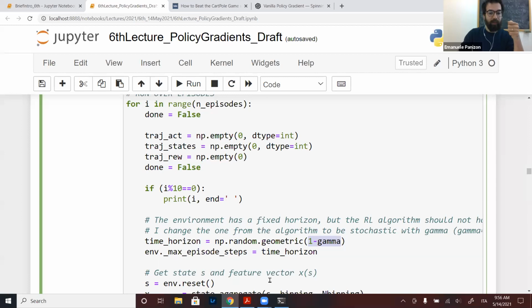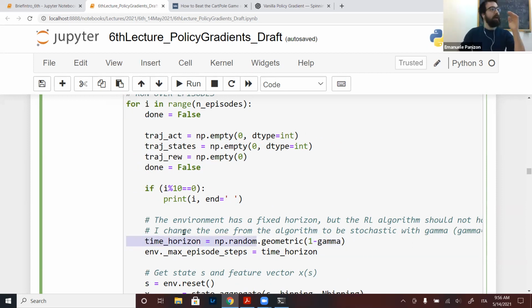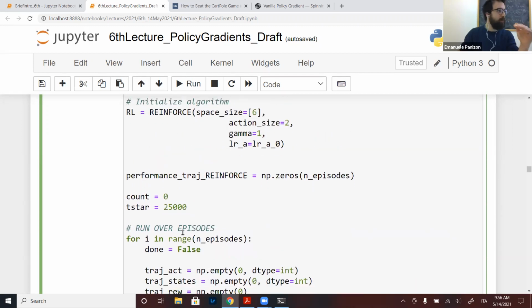This is effectively the same as saying that at each step I'm trying to kill the process with a probability 1 minus gamma. Okay, what does it mean? So instead of putting the discount factor inside the calculation of the return, I am putting the discount factor inside the fact that my episode could die at any moment. Okay, it's an important fact.